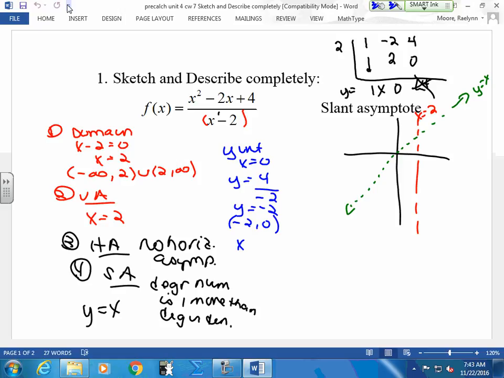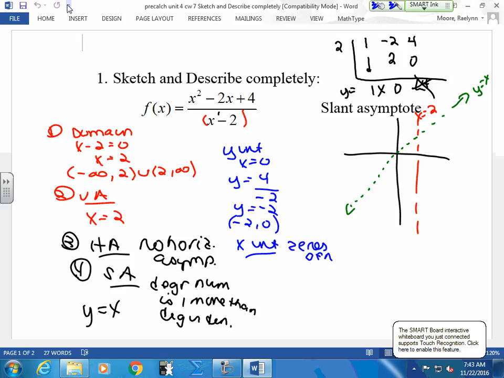My x-intercept, stay with me, says zeros of the numerator. So now I have to do zeros of the numerator. You can use the quadratic. You can use complete the square. Complete the square is nice when this is even.